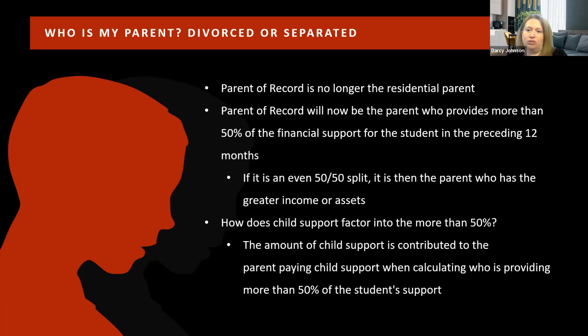So that would tip the scales over to him, because part of how I supported the student was that child support that I had received from him. So if the amount from the parent paying the child support tips the scales over 50% in their favor, then they would be the parent that needs to be listed. So it's really going to come down to the family sitting down and looking at where the financial support for the student comes from and determining which of them is providing more than 50% of that support.